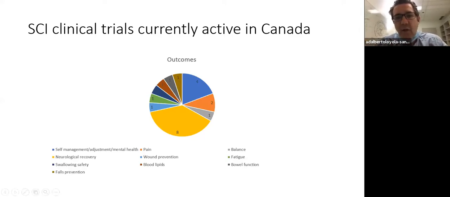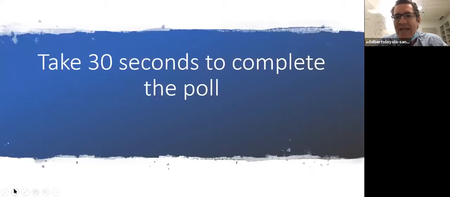So I want to take a moment, a pause for 30 seconds, and ask you to complete a poll that relates to this information that I just presented. So one question is, do you have what? No, this is not the one, Joanna.